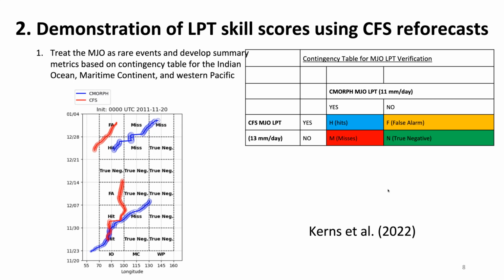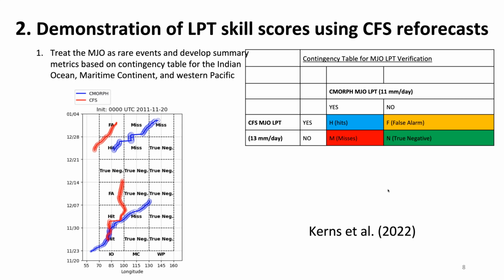And then we identify MGO events week by week. In the table, if there is an MGO event in observations, and the model also forecasts that event, we call it a hit. If there is an MGO event in observations, but the model did not forecast it, we call it a miss. On the other hand, if there is no MGO event in observations, but the model forecasts an event, it's a false alarm. And the last one is there's no MGO event in both observations and model forecast. So it's called a true negative.